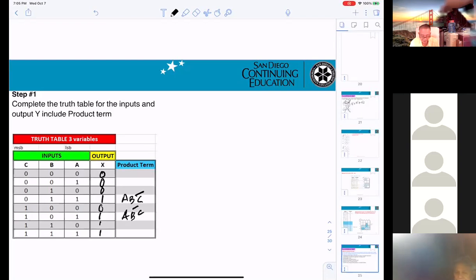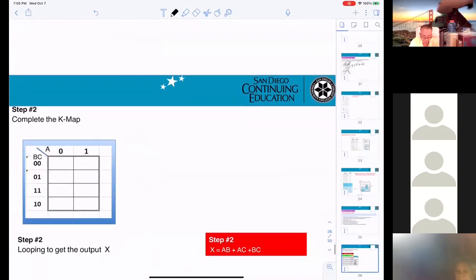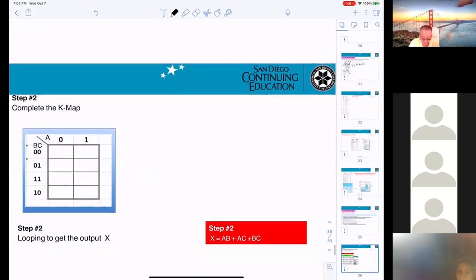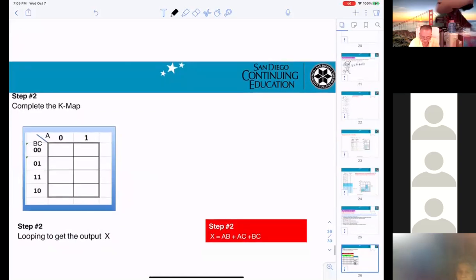A, B, C. And the last one, A, B, C. Right? Yes. Okay. Then after you're done with that one, they want you to put it into the K-map to get the output equation.